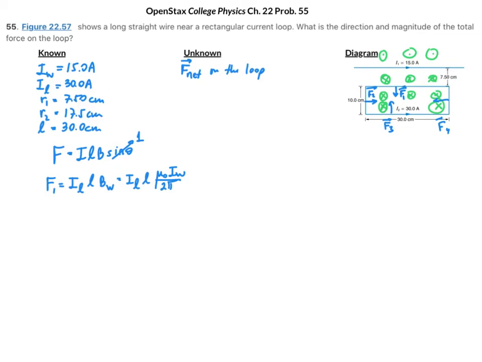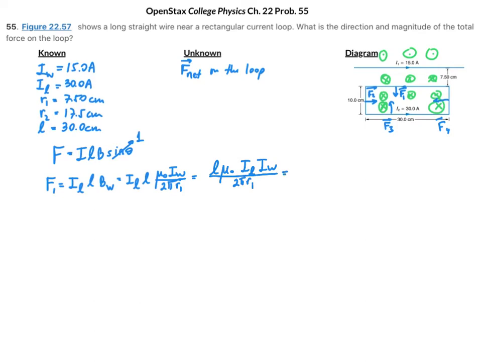I called it R1. So this then will be L mu naught I_L I_W divided by 2 pi R1.